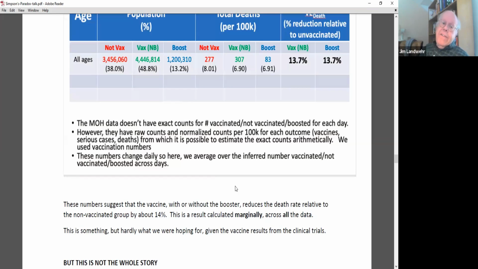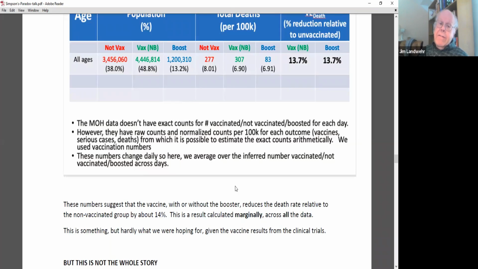So a vaccine effectiveness of 14%, well, that's better than nothing. But what were we hoping for when the vaccines came out in the first place? Well, when they talked about those clinical trials a year ago, and granted, those trials didn't have death rate as the outcome. It had a much earlier outcome, something about symptomatic disease and serious disease and so on, but they're talking about 90%.